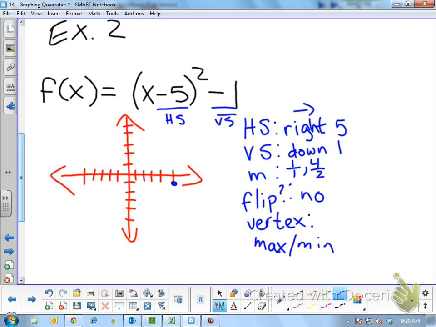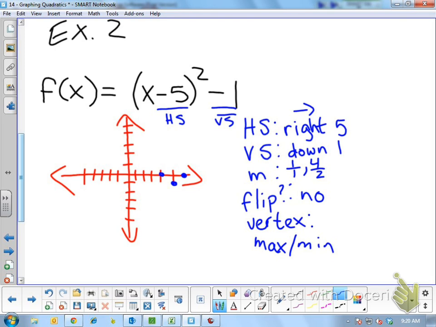So right 5, down 1. From there, I use my slope. Just like when you draw a line, you start with the starting point, and then you do your slope. This time, though, our slope is actually 4 different things. We have to go up 1, right 1, up 1, left 1, back to center, up 4, right 2, up 4, left 2. So from here, we go up 1, right 1, back to the vertex, up 1, left 1.